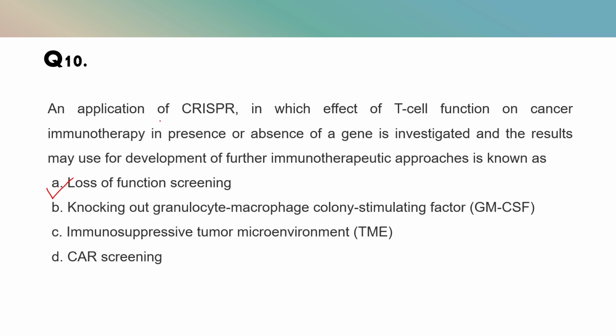If you want to know the function of a specific gene, knockout is preferred. If we knock out that particular gene, then we will know if this is responsible for any important function or it is lethal or whatever. Okay, we will know about that gene. So this is called loss of function screening.